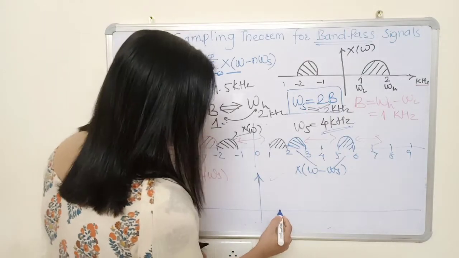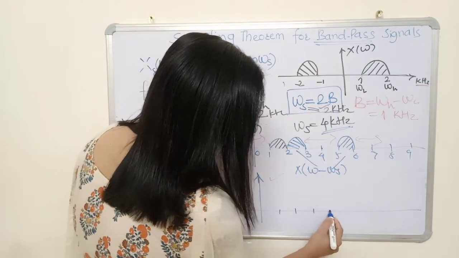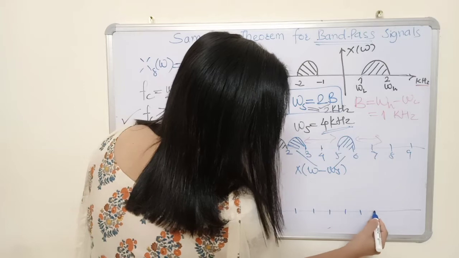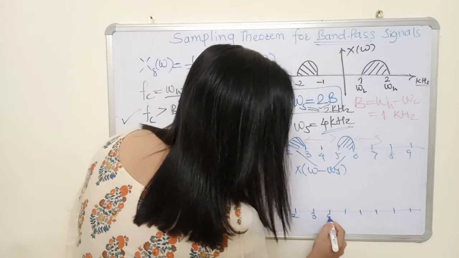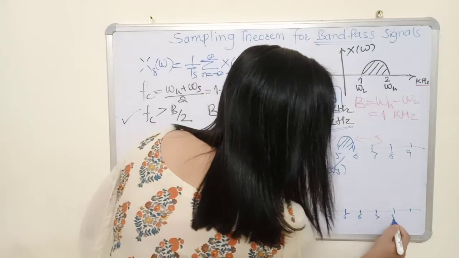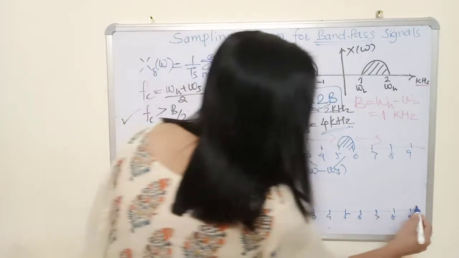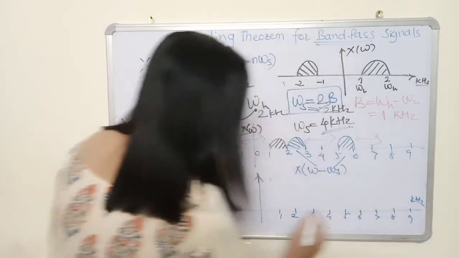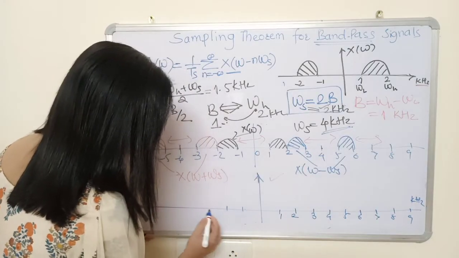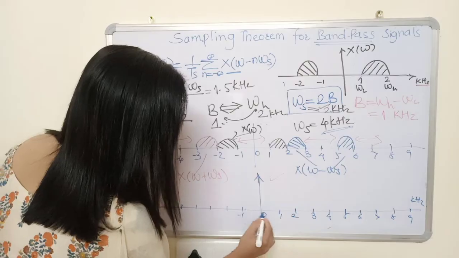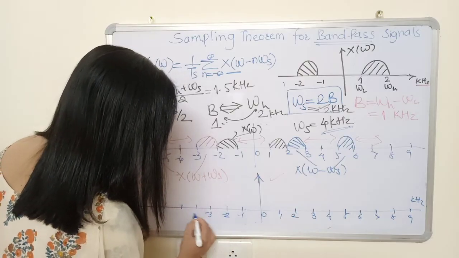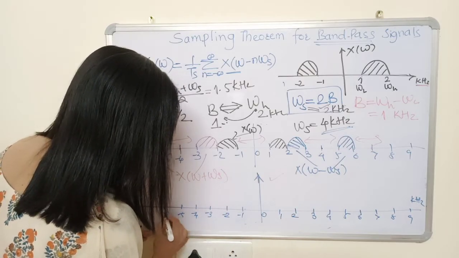Okay, I'll draw the axis first. One, two, three, four, 5, 6, 7, 8, 9, in kilohertz. Minus 1. Okay.